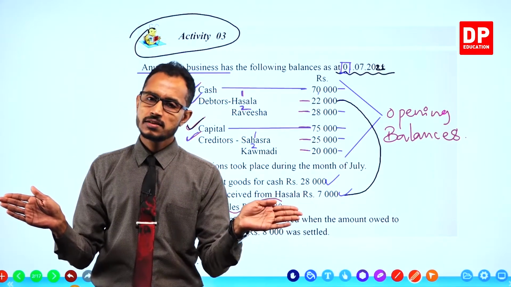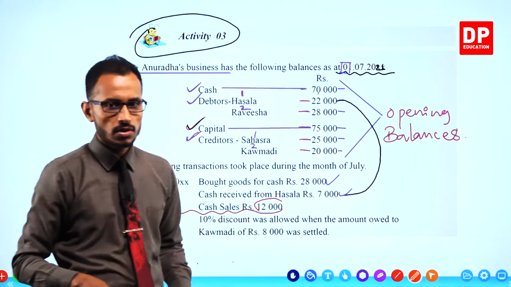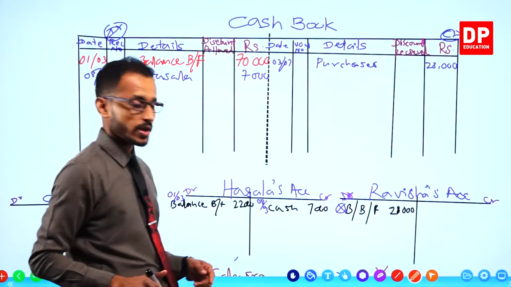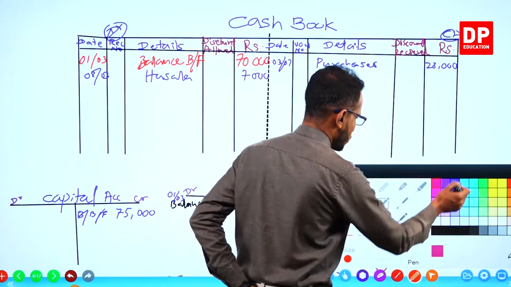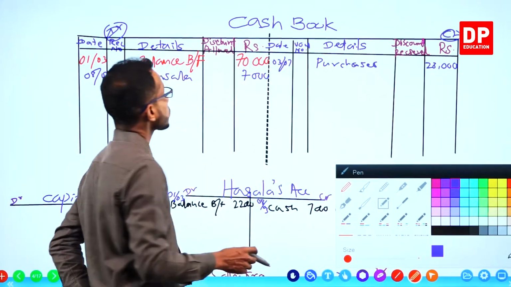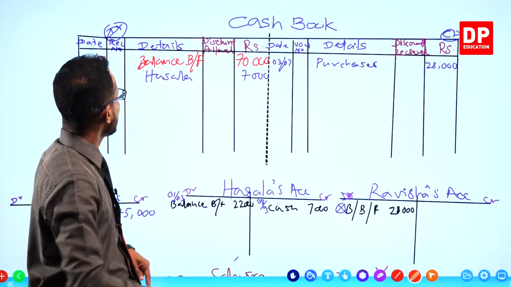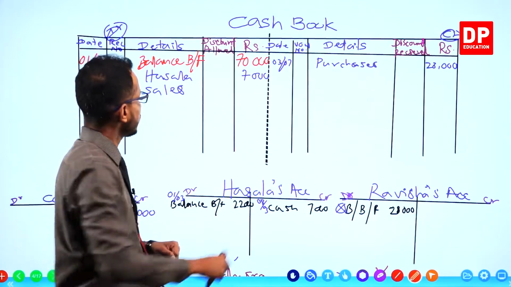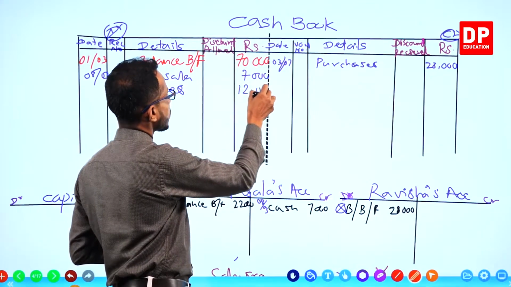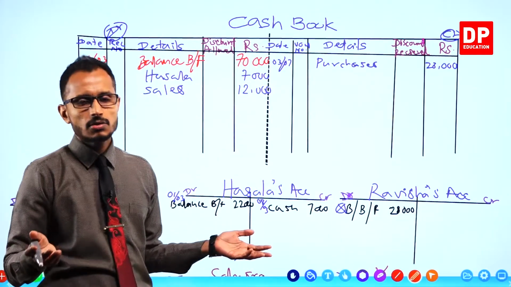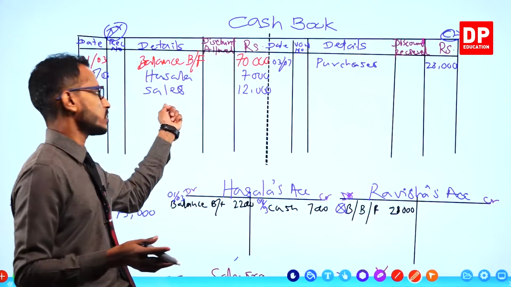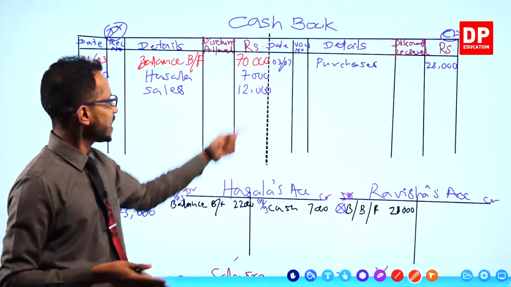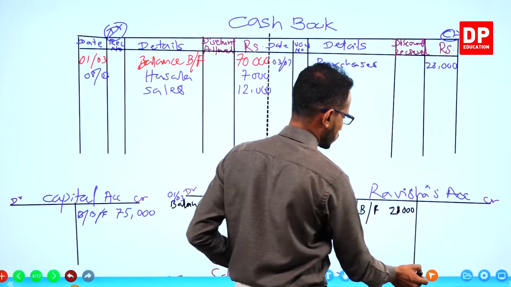Which account should be credit? Sales account. Not goods account. Sales account should be credit. Let's mention the cash book debit entry. In the cash book, the debit entry saying or writing the details as sales 12,000, and the other account, the credit account, is obvious because you wrote the name of that account, sales. Sales account should be credit 12,000.